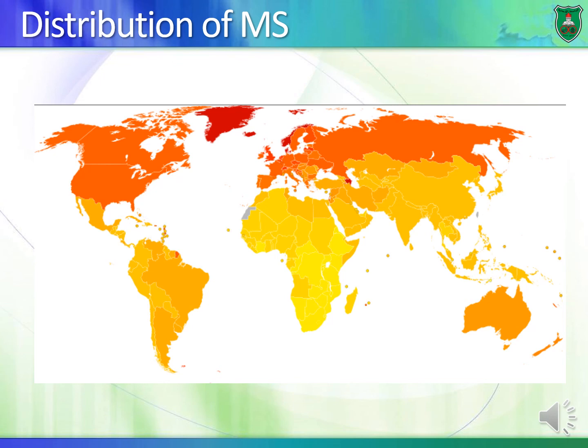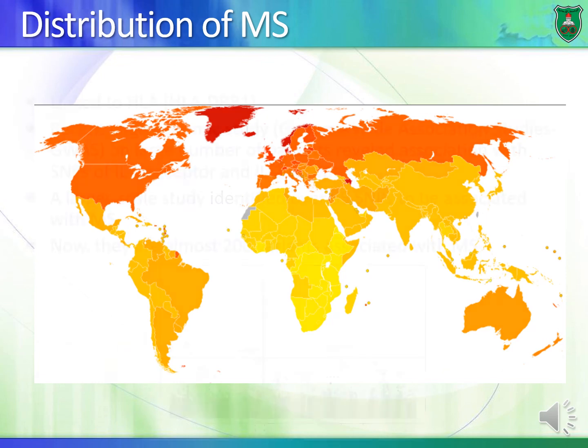And it has been assumed that this is due to exposure to sun and probably deficiency of vitamin D. And it has been found really that vitamin D plays an important role in the development of MS. So deficiency of vitamin D can lead to the development of multiple sclerosis.